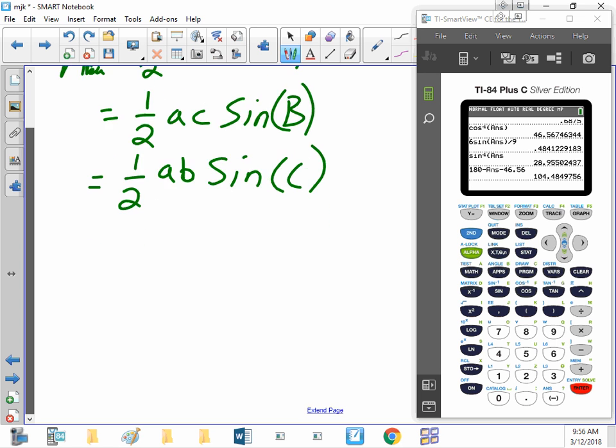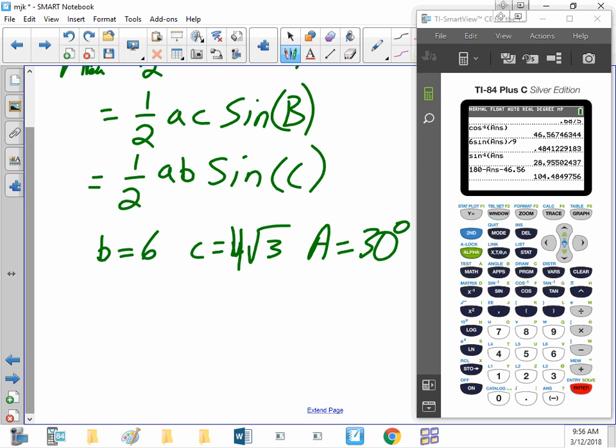So number 30, back on 499. Number 30 says B equals 6, C equals 4 times the square root of 3, and angle A is 30 degrees. Which formula do I choose?